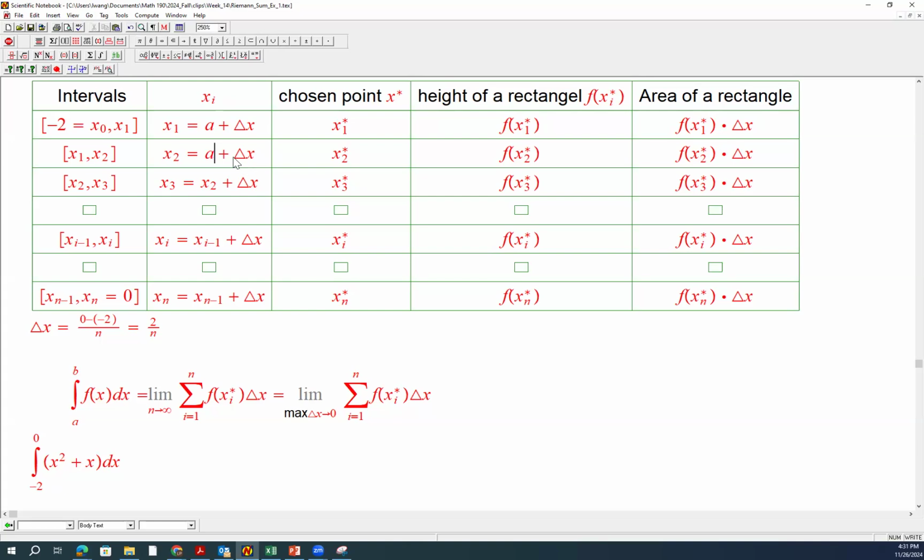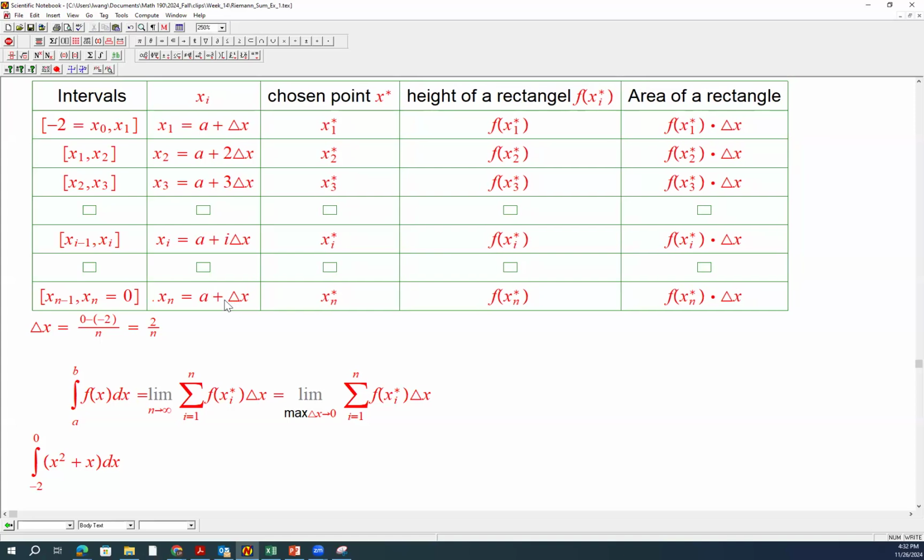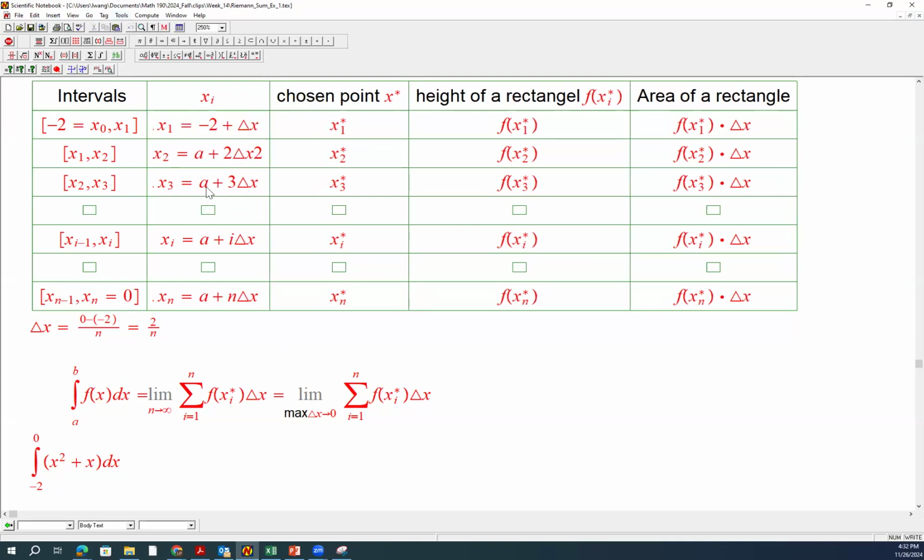So this is A plus 2 delta x, A plus 3 times delta x, and this is A plus I times delta x, and this is going to be A plus n times delta x, right? So this becomes more concrete. But what is A? A is -2.